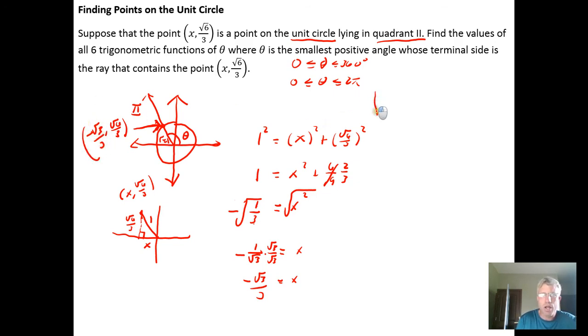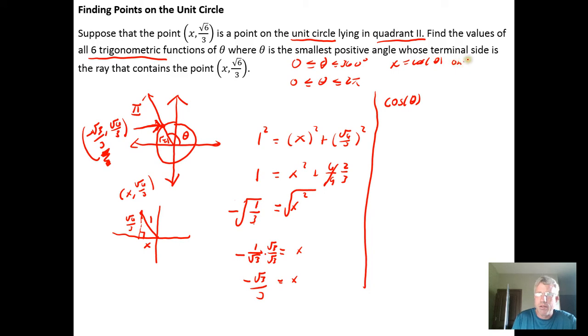And then our job is to find the values for the 6 trigonometric functions. Well, we're on the unit circle, so we know that the cosine of theta on the unit circle is just the x coordinate, and y is the sine of theta. So cosine of theta is just the x coordinate, so negative root 3 over 3.